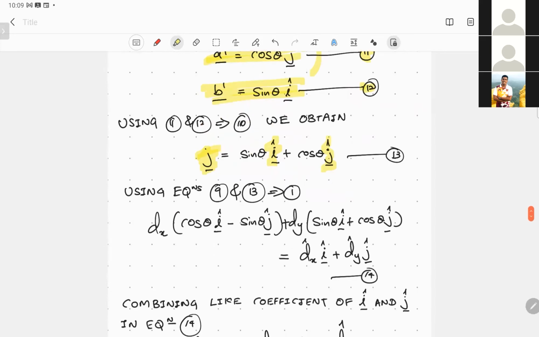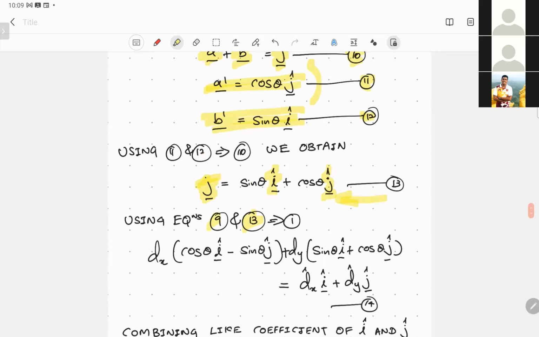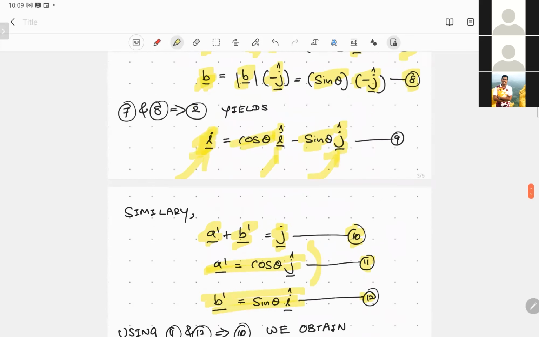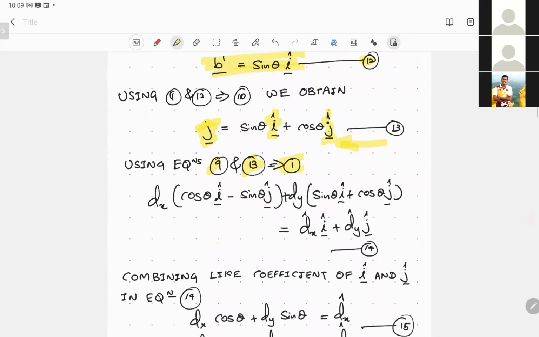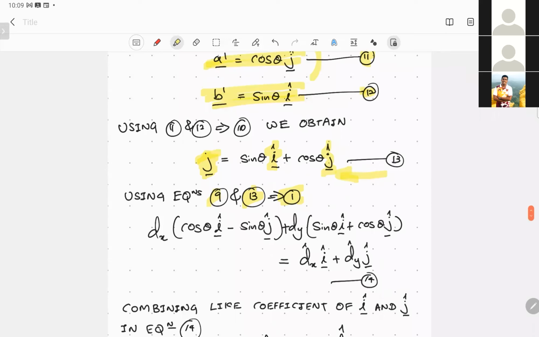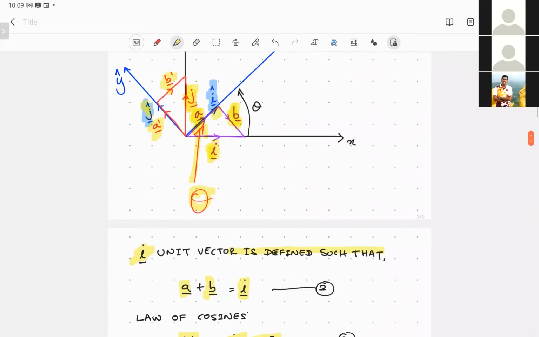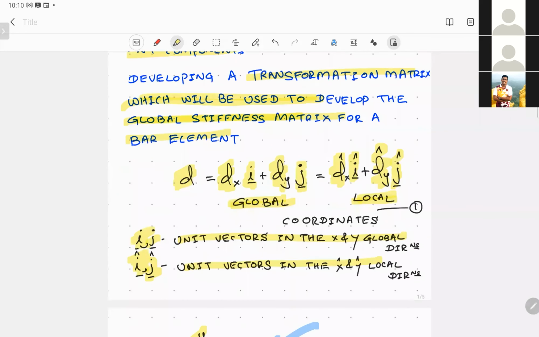So using equations 9 and 13, where 13 is this and 9 is nothing but the relationship in terms of the unit vectors i and j as well as i hat and j hat, we can back substitute all these i and j vectors which we obtained back into equation number 1. Can you remember equation number 1, which is nothing but the expression for the d vector in the global coordinate system as well as the local coordinate system?